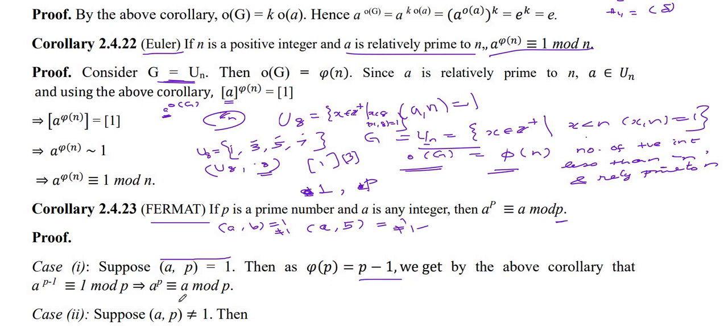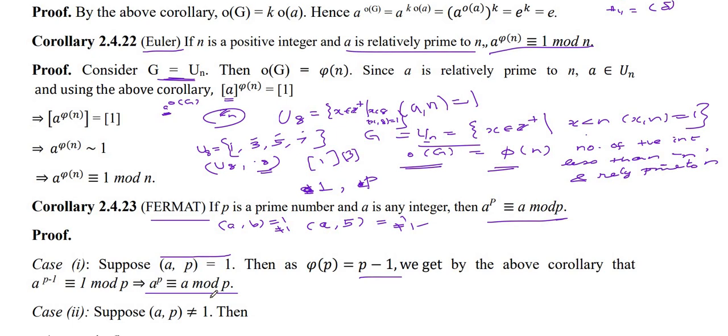P minus 1. So you just substitute that, and at once we will have A to the power P congruent to A mod P. That is the statement to be established. So in the first case, namely A and P relatively prime, we have the result to be true.